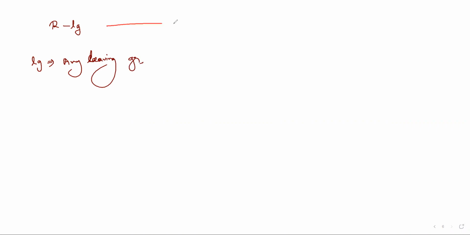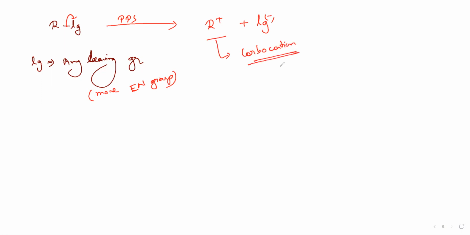When this R-LG is taken in a polar protic solvent, the leaving group is basically a more electronegative group. It can be chlorine, bromine, iodine. After breaking, it becomes R plus and LG minus. This R plus is basically a carbocation, and this carbocation is highly stable in a polar protic solvent.